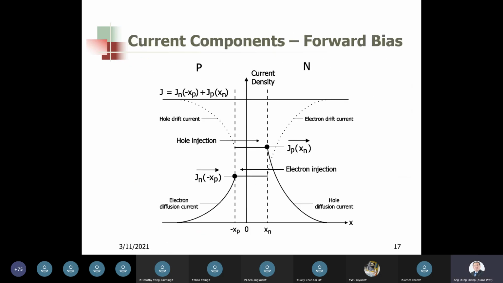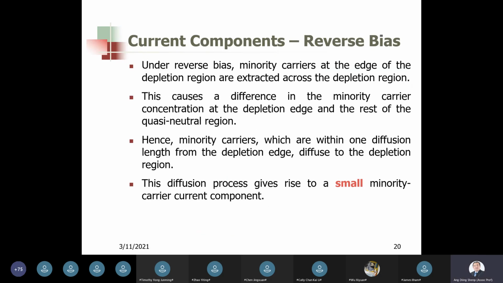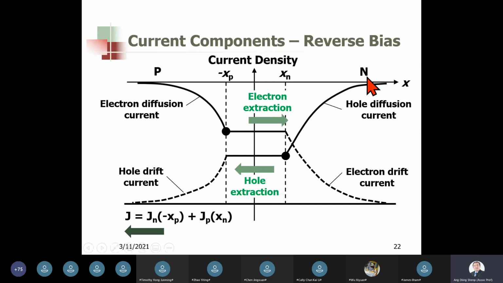All right, so let me go to the diagram for reverse bias. Under reverse bias, electrons are extracted from the P to the N, and holes are extracted from the N to the P. Now, due to this extraction, we have an electron diffusion current flowing along the quasi-neutral P region.